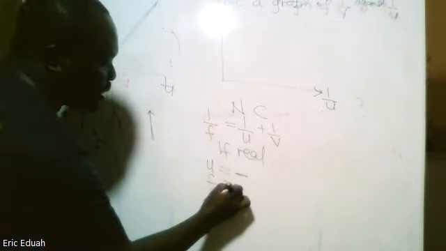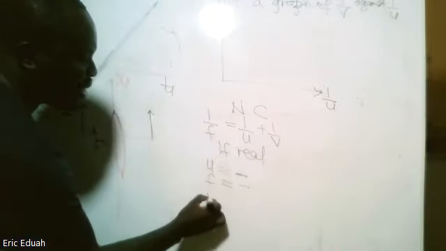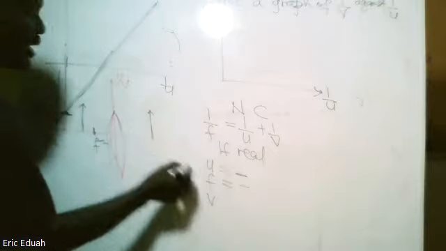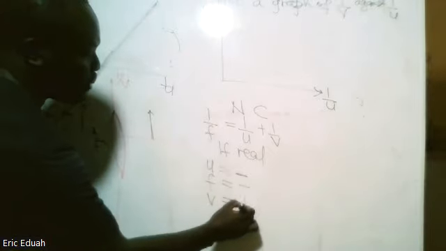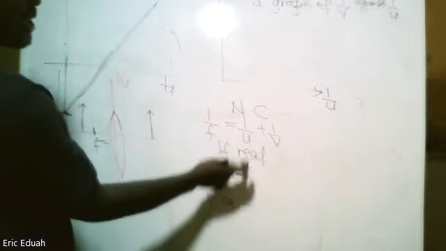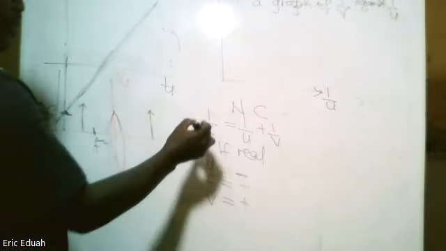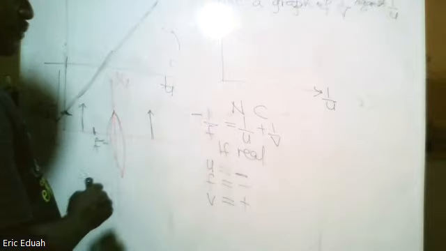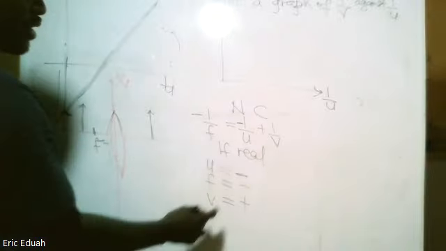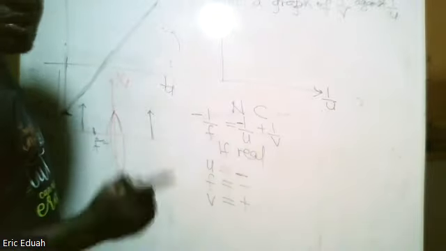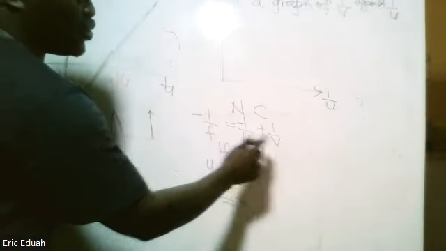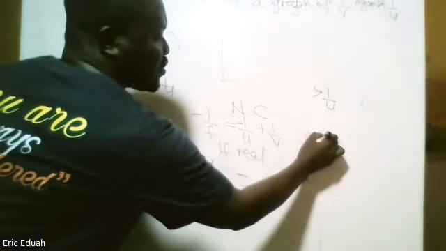F would also be negative, but the image is real, meaning it will be on the other side of the lens. So V will be positive. Come and substitute these signs into the equation. This is negative. Then U is also negative. V is positive. But you see, because we are plotting 1 over V against 1 on U, it's similar to the equation of a straight line.